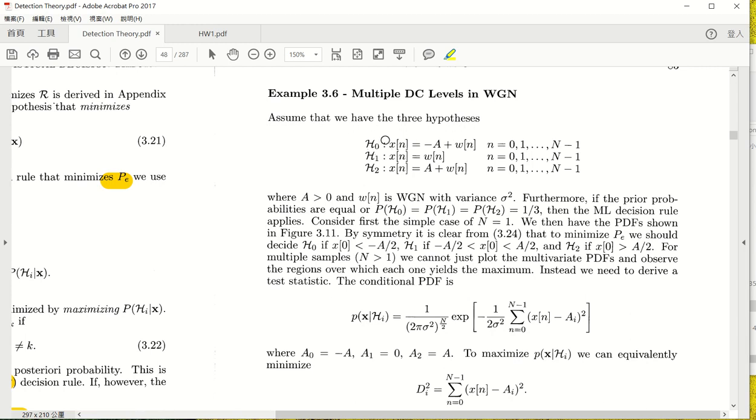H0 is x equal to minus a plus w. H1 is just w, which is the noise only. In fact, I should say when something is only noise, it means that maybe the signal is zero. We can think of it that way, right?